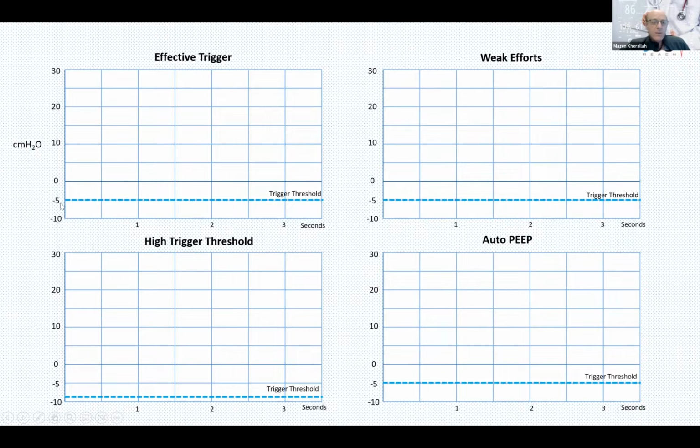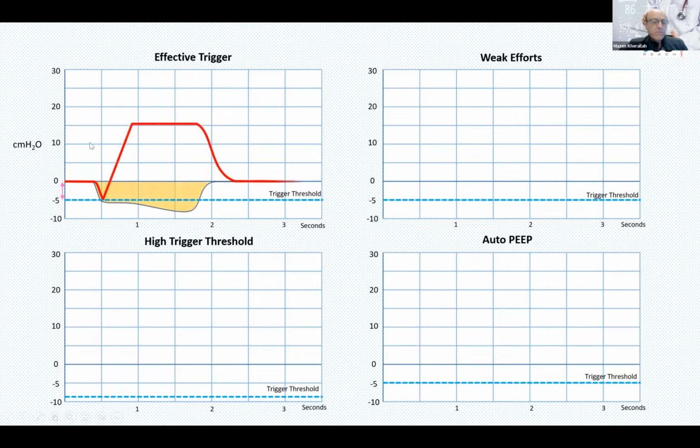And we're looking at the pressure curve. You can see the blue dotted line is the trigger threshold. This is what triggers the ventilator. And in the first example here, the patient needs to drop the pressure from 0 to -5 centimeters of water in order to trigger the ventilator.